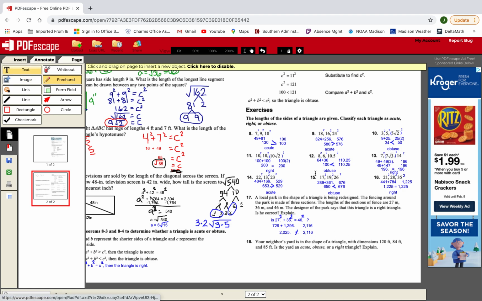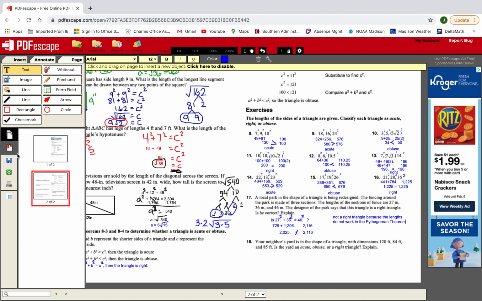So it's not a right triangle, because the lengths do not work in the Pythagorean theorem.